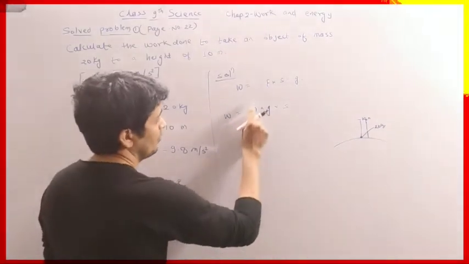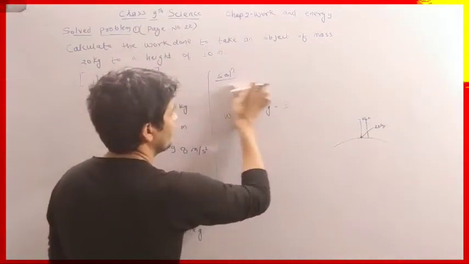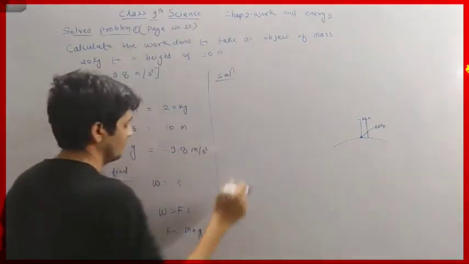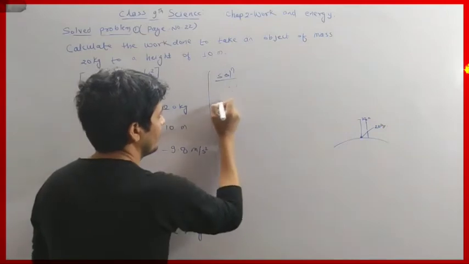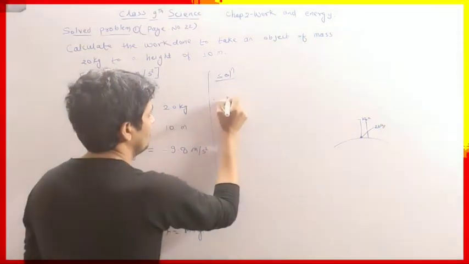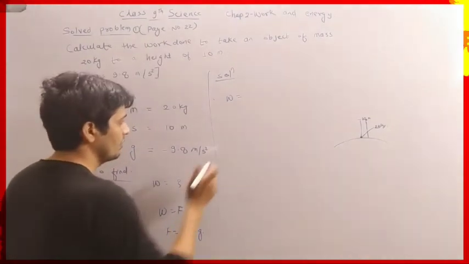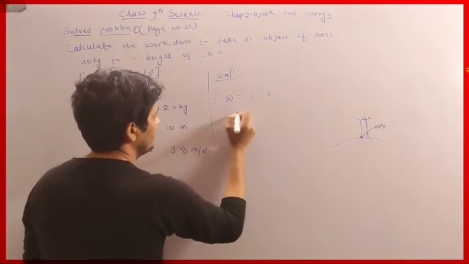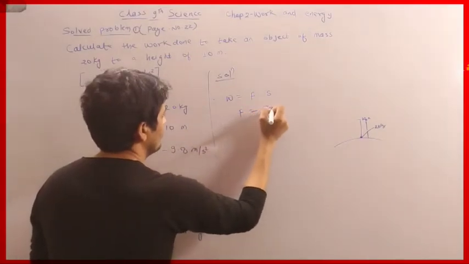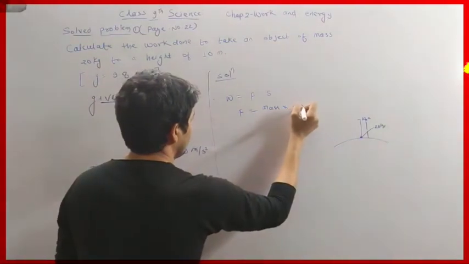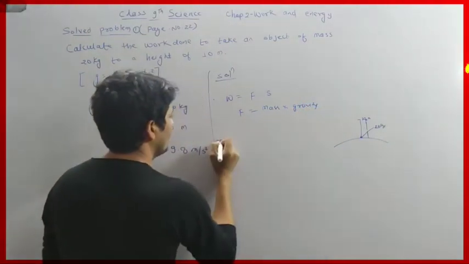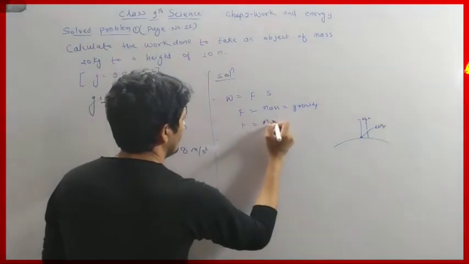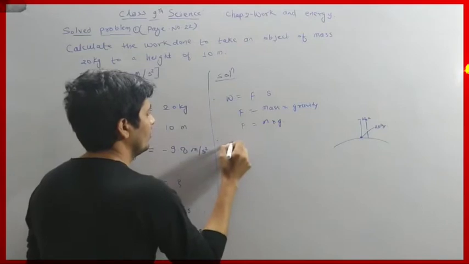Therefore W equals force into displacement. Since F equals mass into gravity, therefore m into g.